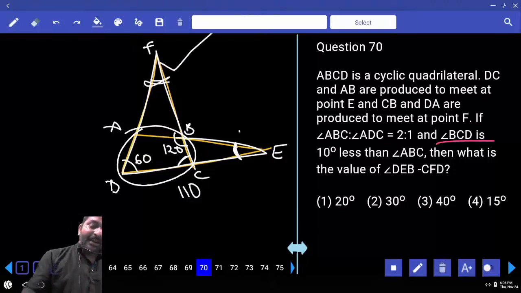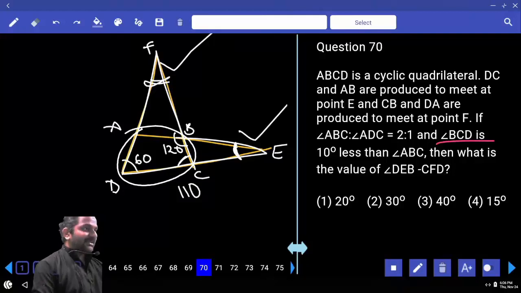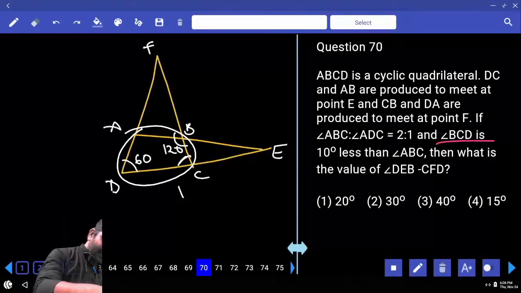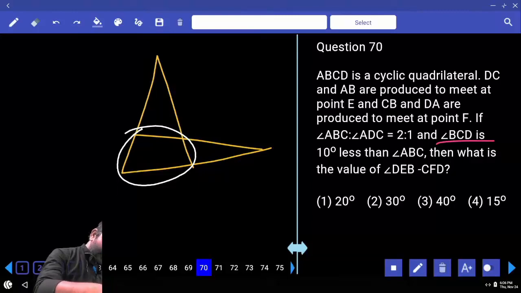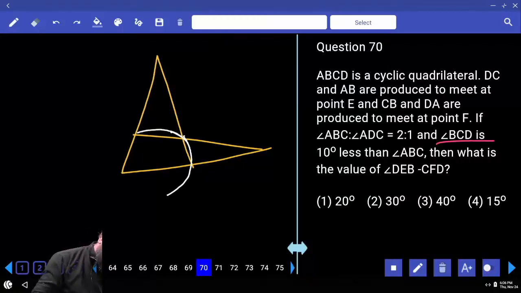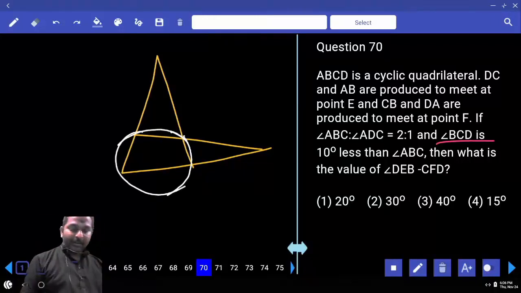So here and here we need to calculate angles. Understood? I'll draw it a little more clearly, wait. Right, now it will be clear.